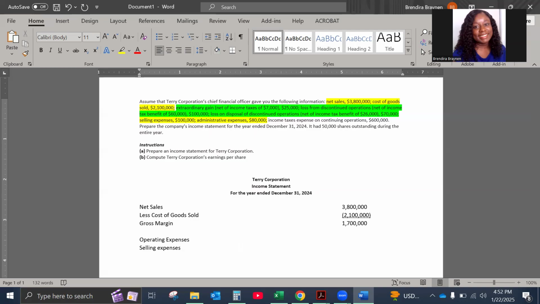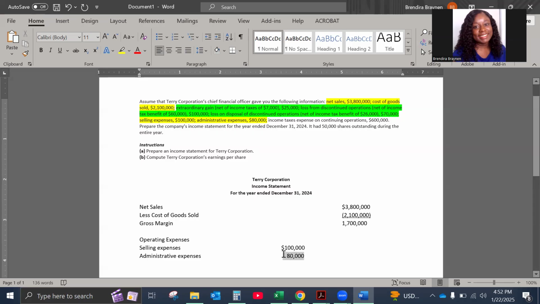I'm going to put the dollar sign over here, and up here as well that I did forget. So we have 100,000, then we have administrative expenses, which are 80,000.